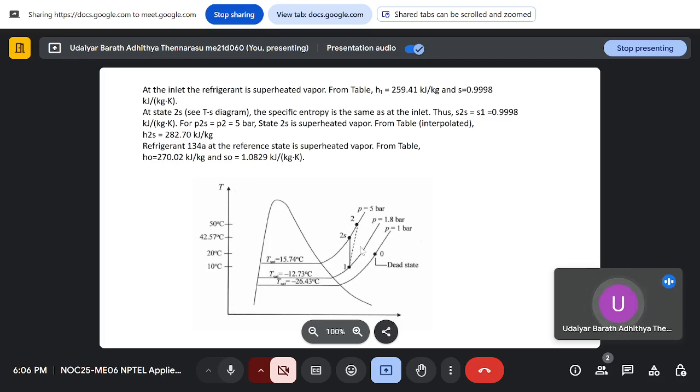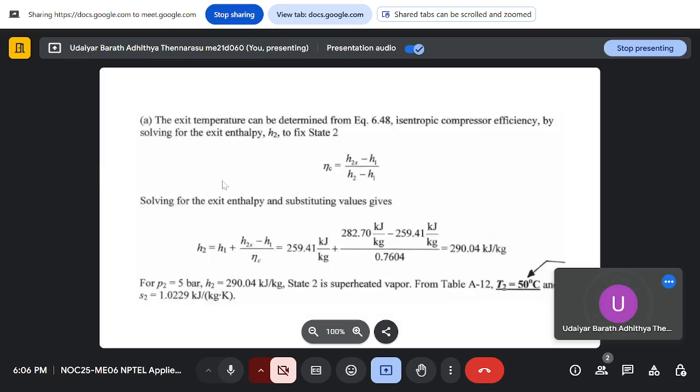If you see my dead state enthalpy and entropy for refrigerant R134A, my enthalpy at dead state is 270.02 kilojoule per kg and entropy is 1.0829 kilojoule per kg Kelvin. To find out the exit temperature, I'll use the isentropic efficiency of the compressor.